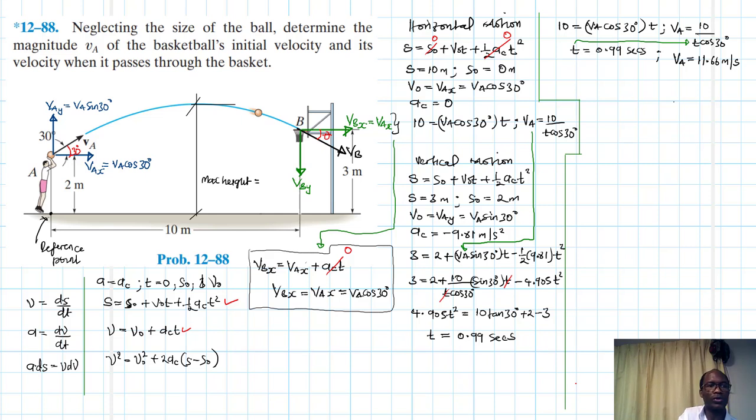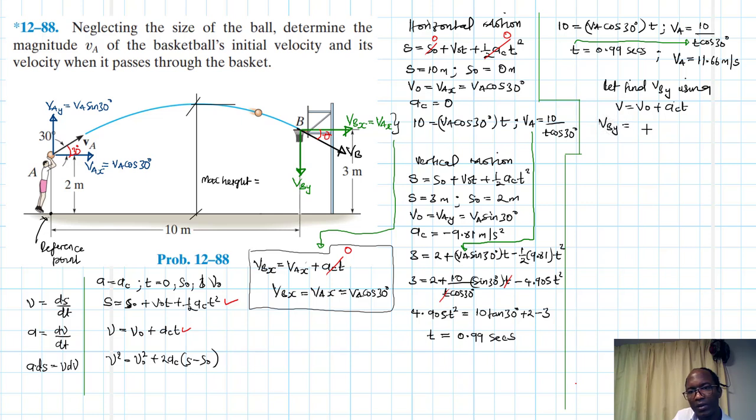Since we know this, we have VAX. Let's go to VBY, we need to find this. So let's use the same equation, V equal to V naught plus at.